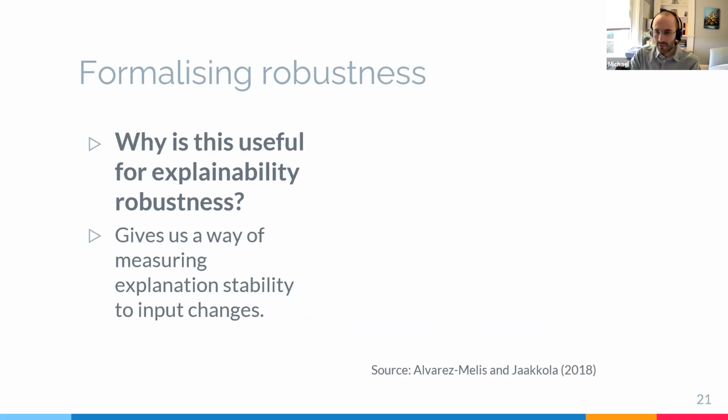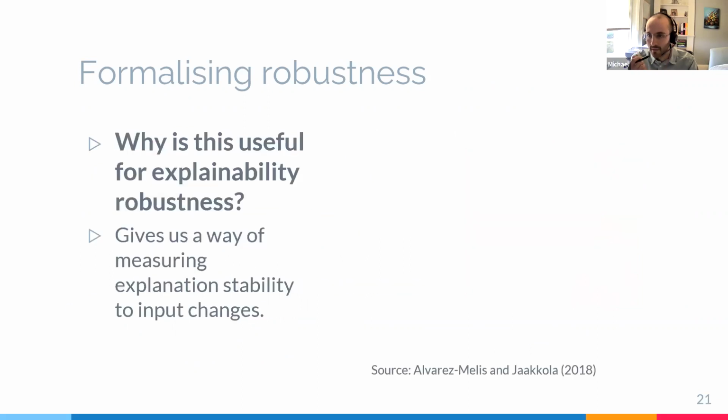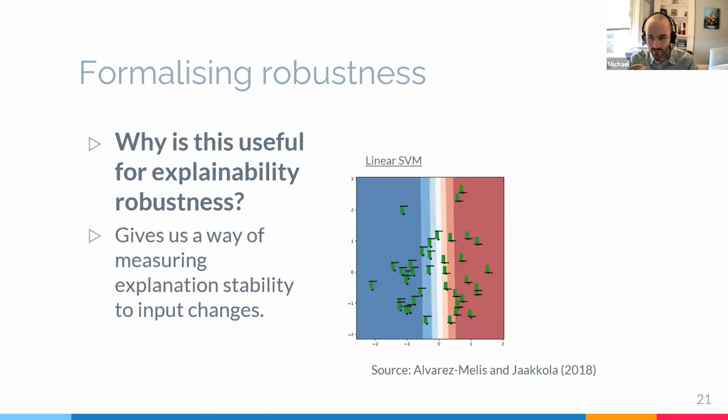I'll talk about why this idea of Lipschitz is useful for explainability robustness. The reason is it gives us a way of actually measuring explanation stability to input changes. We can see a very quick example of the sort of thing we mean here. We see an image showing a really simple linear classifier that just uses the values on the x-axis to classify.